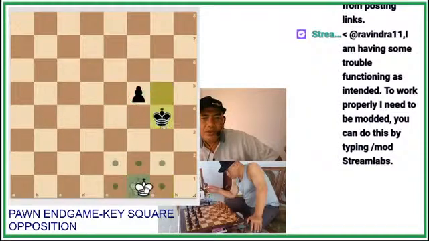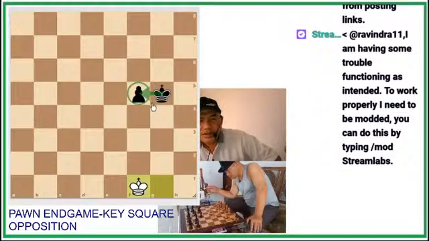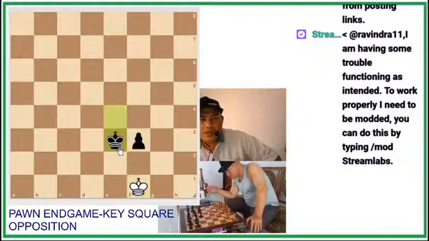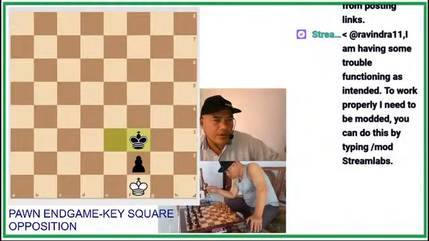If black was here, then white does the opposition. And this is a draw. If this pawn is moved forward, then the key square is here, then white can simply make a draw here. So when black goes here, white does the opposition, and then this is a stalemate or a draw.